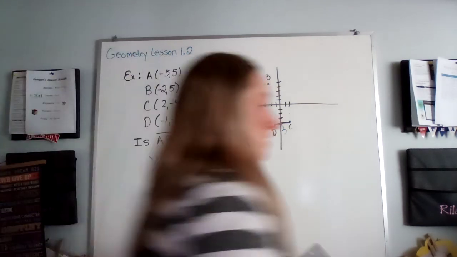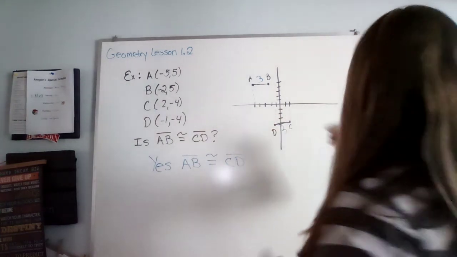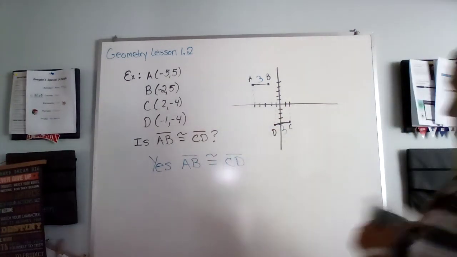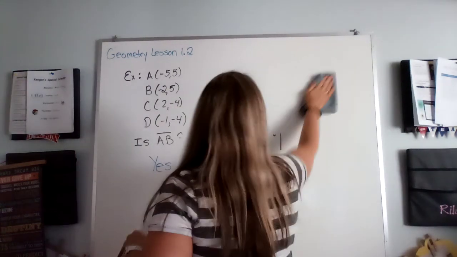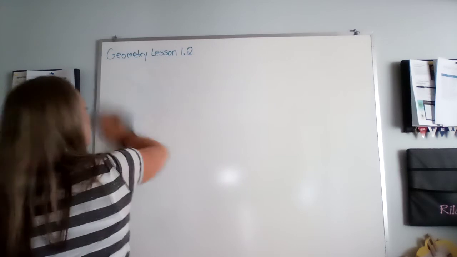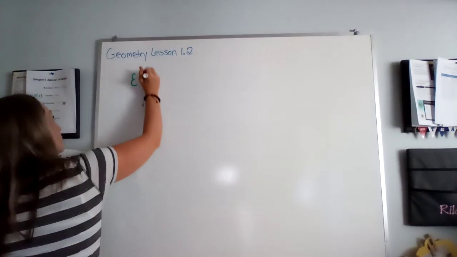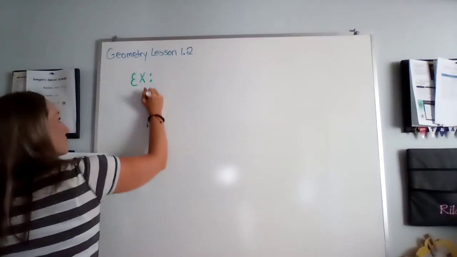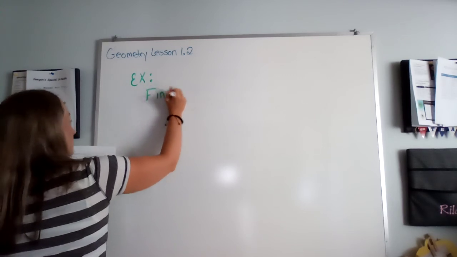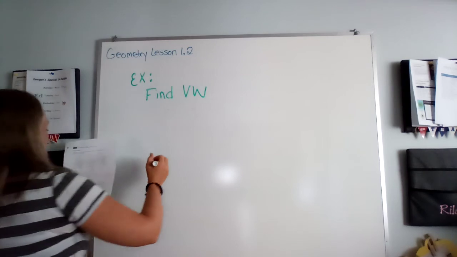Okay? All right, and then the last problem we're going to do today, using our segment addition postulate. For this example, the directions are just going to say find VW, and then you're going to be given a diagram.